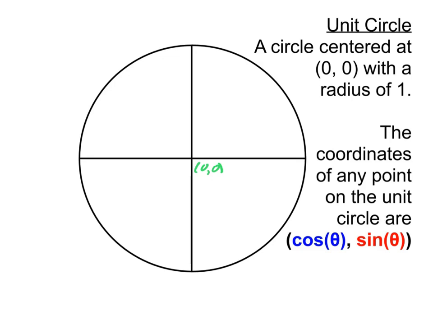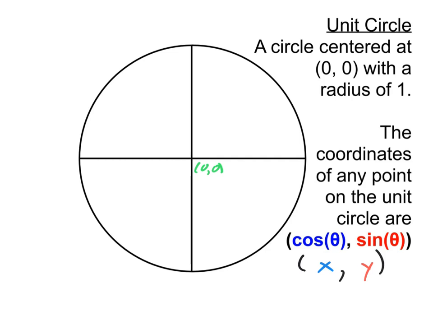And from the work we just did, we saw that the coordinates of any point on the unit circle can be found by doing cosine, comma, sine. Notice that is an xy coordinate pair, where the x coordinate can always be found by doing cosine, and the y coordinate can always be found by doing sine.